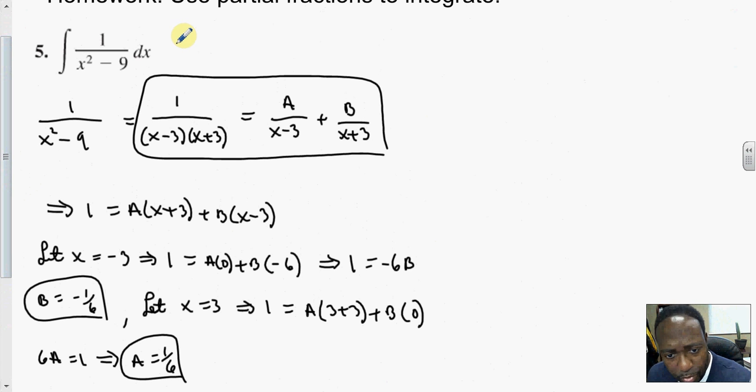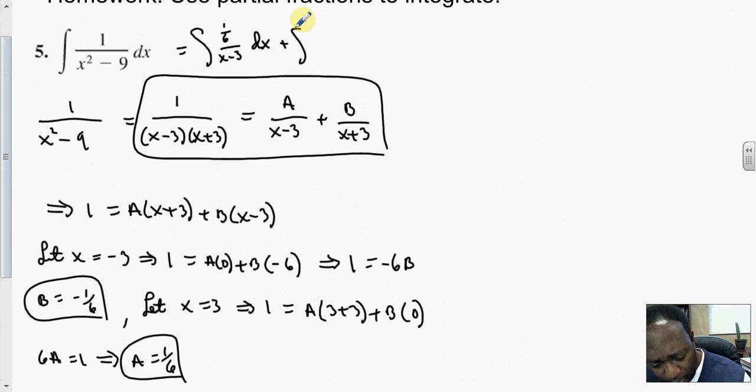So this integral breaks down into its parts. This is the integral of A, which is 1 over 6 over x minus 3 dx, plus the integral of B, which is negative 1 over 6 all over x plus 3 dx.